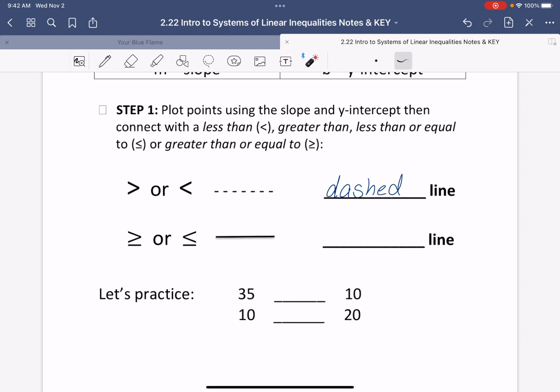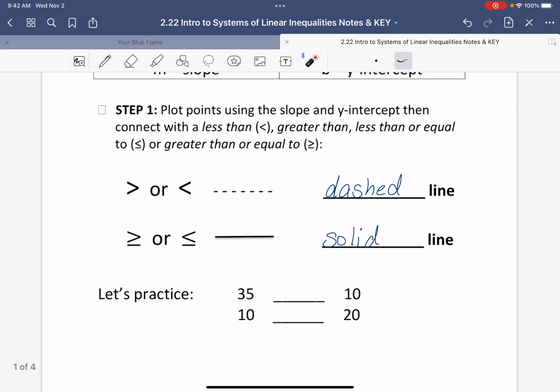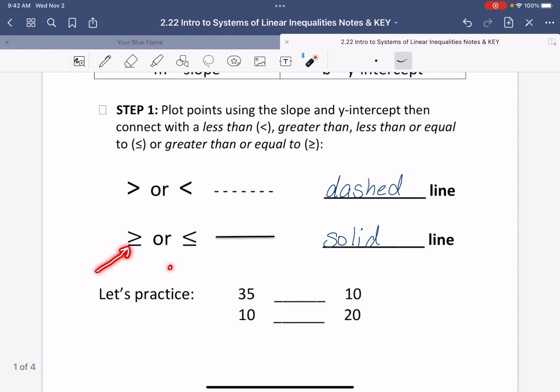If it's greater than or equal to or less than or equal to, you'll see this line underneath, so you do a solid line. In class, you'll hear me say, if you see a line, draw a line. If you don't, it is going to be dashed.